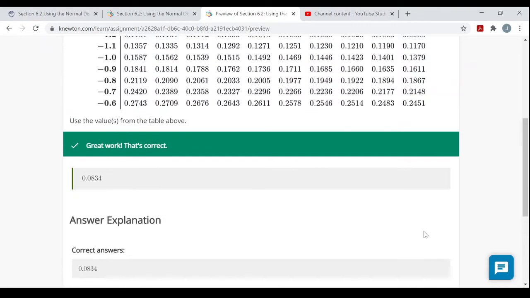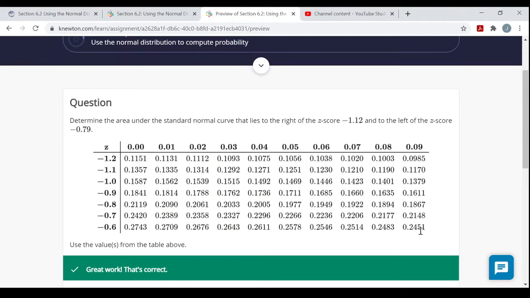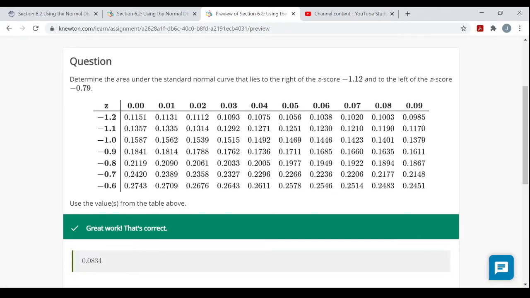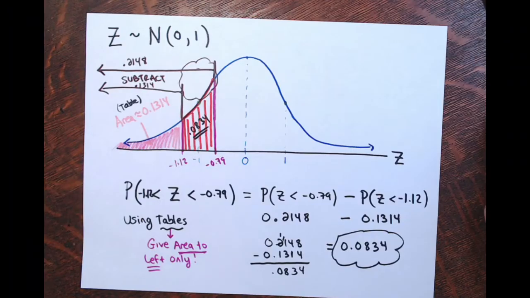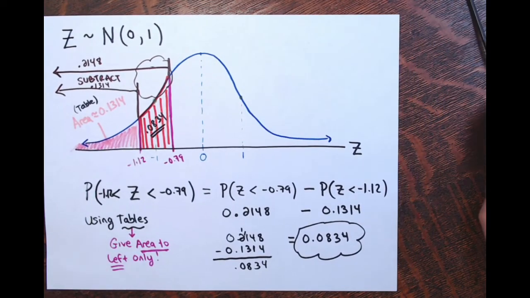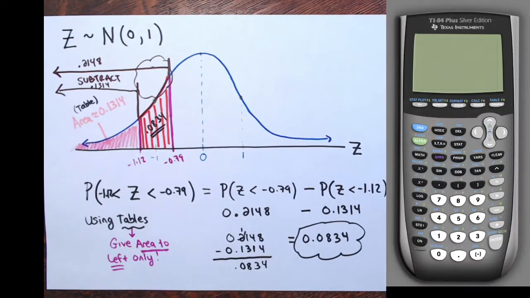Now a much quicker way to do this, and I'll show you on the calculator. A much quicker way to find this probability on the calculator is this. Let me pull the calculator up. Now again, this is an 84 plus. You can use 84 plus, 83.